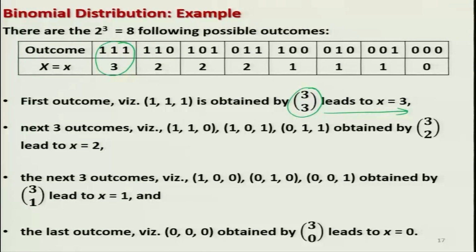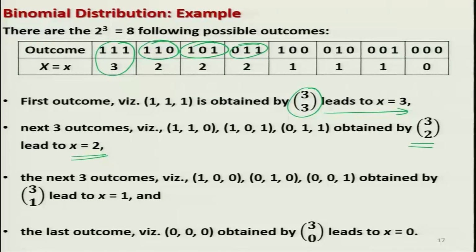Now, similarly, if you try to look at here, here and here, in these cases what is happening, that the total number of cases in which you can obtain 2 tails in a sequence of 3 trials, that can be obtained by say 3 choose 2, and that is leading to X equal to 2.